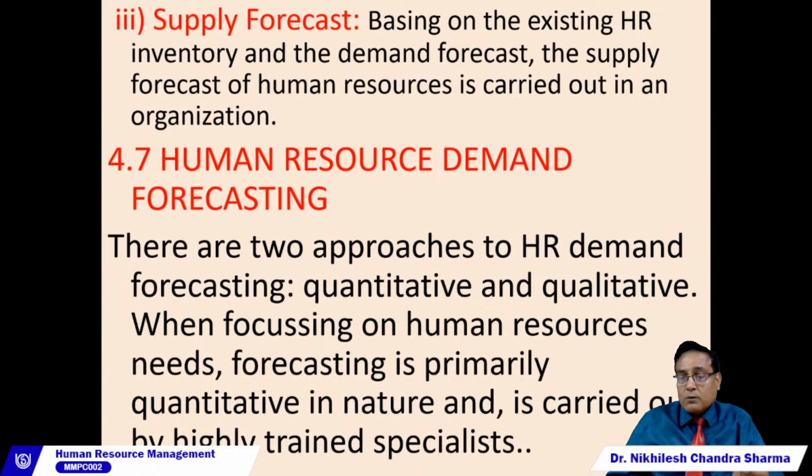While in case of the qualitative, the forecasting is based upon the qualities: what are the qualities, what is the result of this specific planning, and what quality you are providing. So both quantitative and qualitative types are included in forecasting.